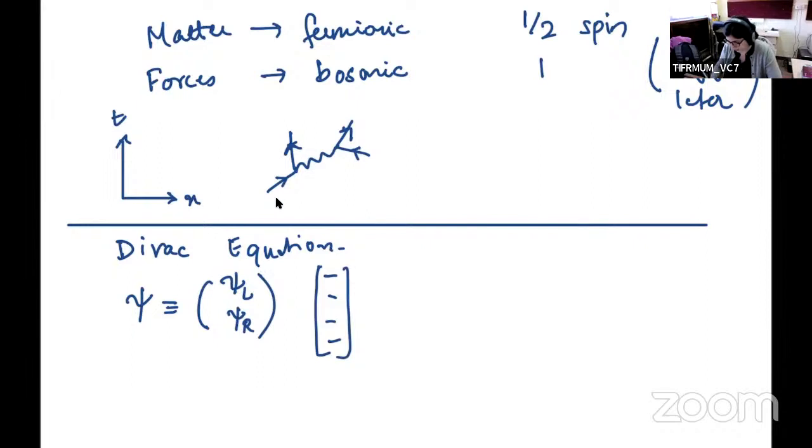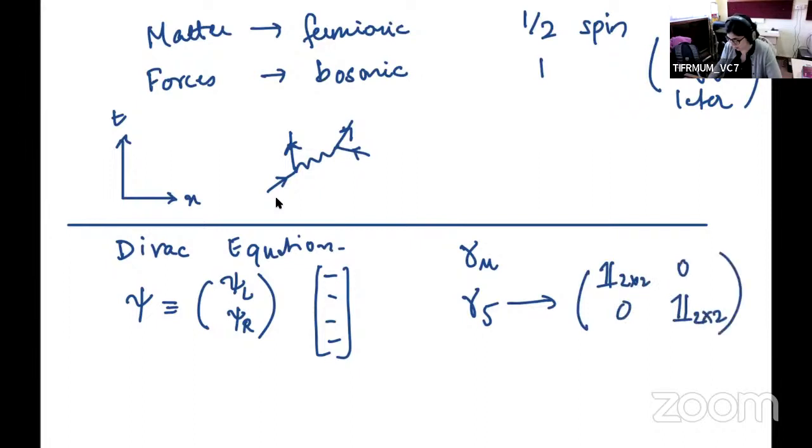And you have these gamma matrices that are used in the Dirac equation, and one particular extra gamma matrix, gamma 5, which looks like this. So this is the most commonly used representation of the gamma matrices, where you have this, sorry, this should have been minus.